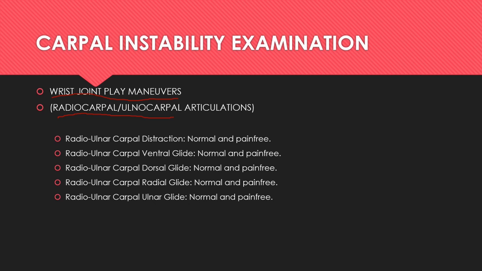Some examples of maneuvers that would assess this articulation involve radioulnar and carpal distraction maneuvers, ventral glide, dorsal glide, radial glide, and ulnar glide maneuvers. If those maneuvers reproduce the examinee's symptoms and are accompanied by painful clicking and clunking, that could be physical examination evidence of a non-dissociative form of carpal instability.